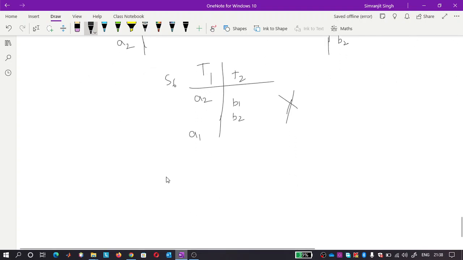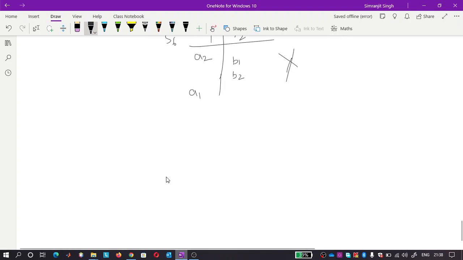Now you can find how many schedules there can be if some number of operations are given in each transaction. Suppose T1 has n operations, T2 has m operations.